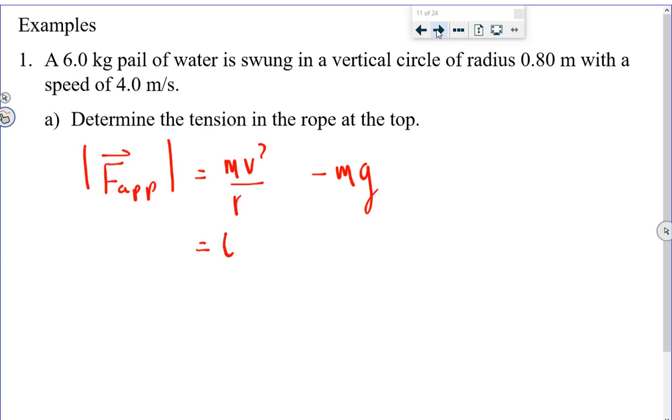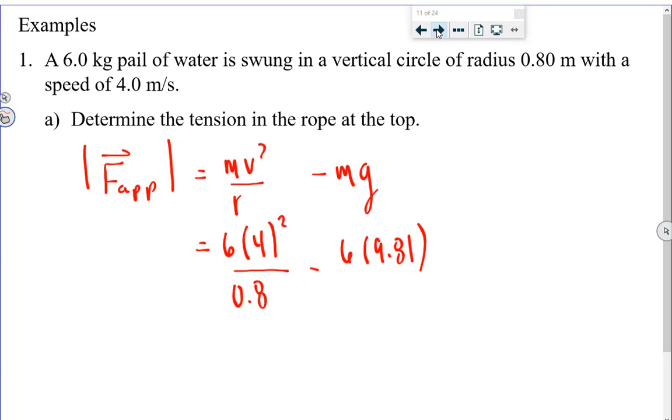So this will be 6 times 4 squared divided by 0.8 minus 6 times 9.81. I'll give you a few seconds to calculate what we get here. Again, I'm leaving out the units because you know to put them in on an exam or an assignment. I'm leaving out the derivation of the formula because, my goodness, how many times do we have to derive that idea?